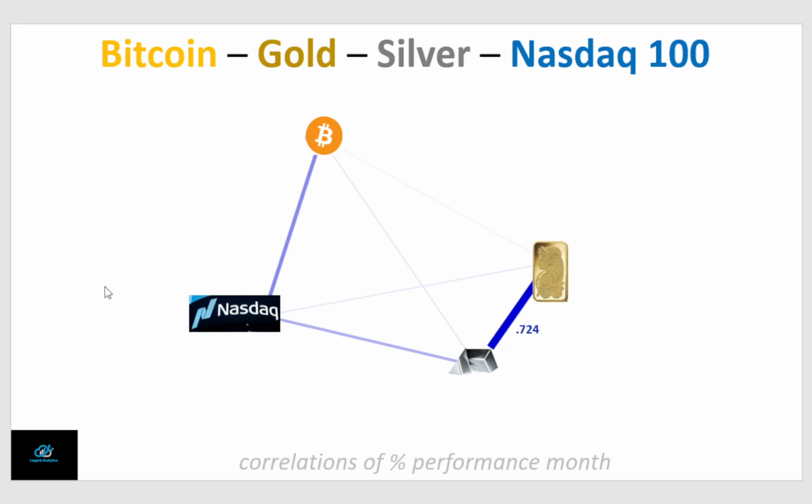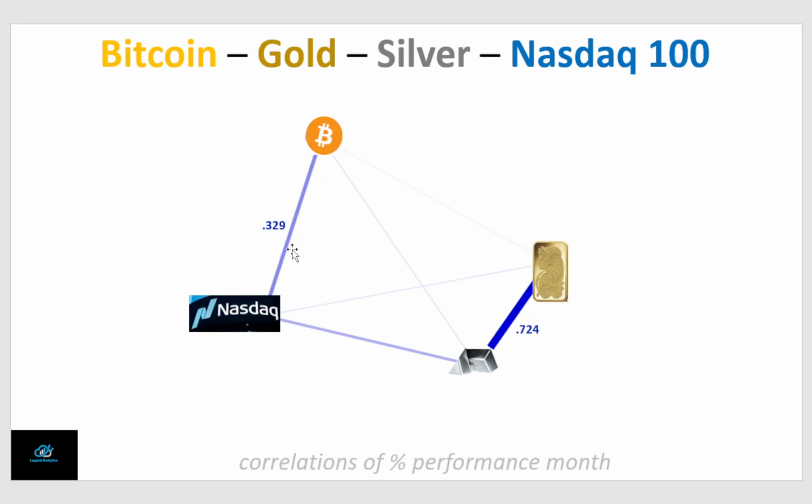Again, the strongest correlation we find between gold and silver. Next, also moderate correlation between Bitcoin and the Nasdaq.